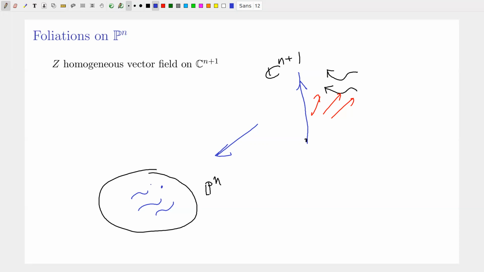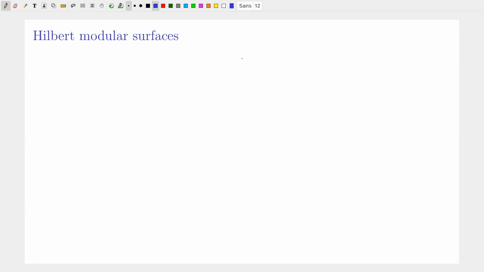So each time I describe a foliation on Pn as induced by a homogeneous vector field on Cn+1, it naturally inherits a leafwise affine structure varying holomorphically. Okay, so this is one source of examples, and it turns out that all foliated affine structures arise in this way for foliations on Pn.